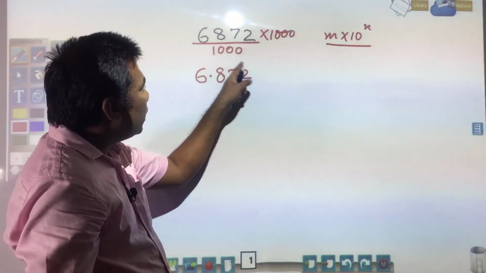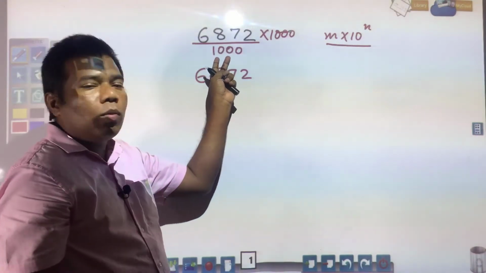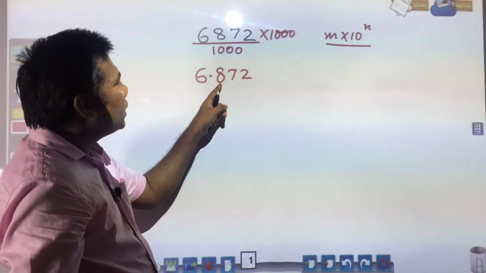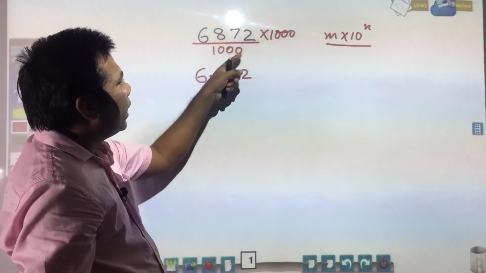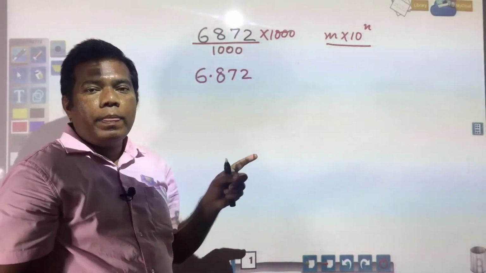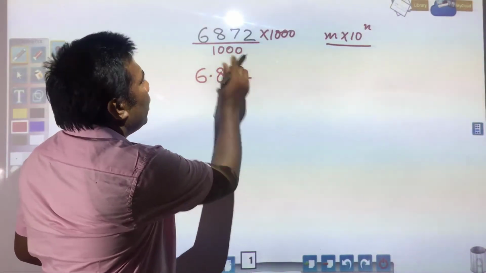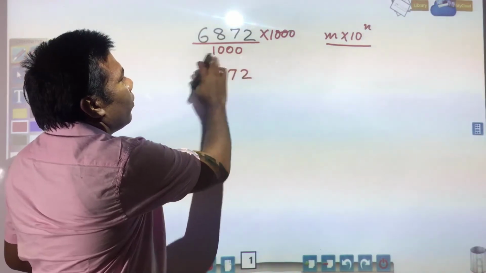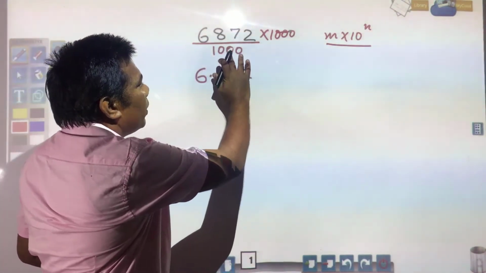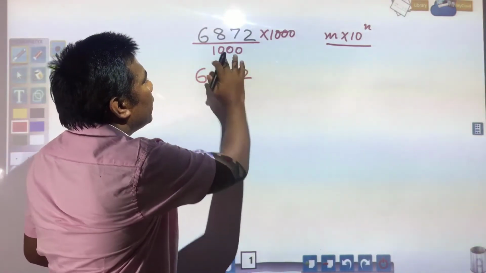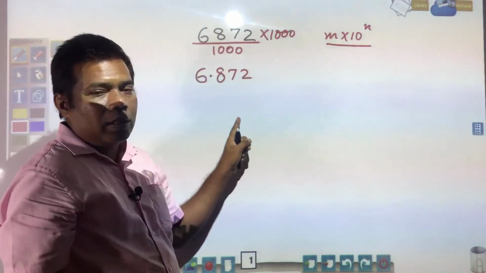If there were 2 digits, it would be divided by 100. If there is one digit after the decimal, you divide by 10. If there are 4 digits, divide by 1 with 4 zeros. If 5 digits, 5 zeros are required. If 6 digits, 6 zeros are required, and in the same way it should be converted.